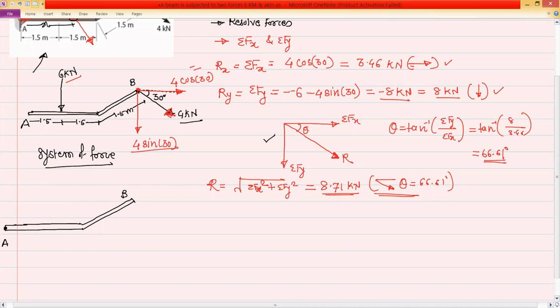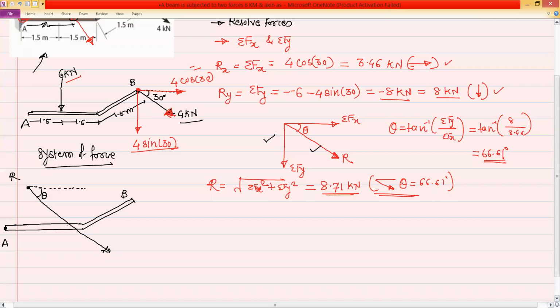R is acting at angle theta with respect to positive x-axis, and it is in the fourth quadrant. So just draw the resultant, which is parallel to this line. So this is the resultant R. This is the axis, and this is the angle theta with respect to x-axis.